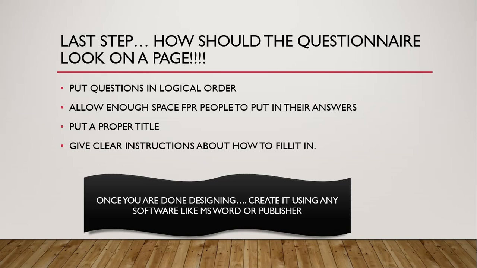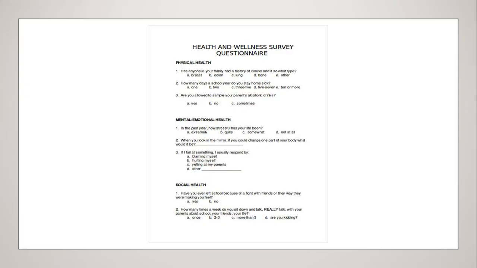Now, here I will show you one simple questionnaire so that you get an idea about what actually a questionnaire is. So, this is a questionnaire about health and wellness survey questionnaire. So, here the questions are given.